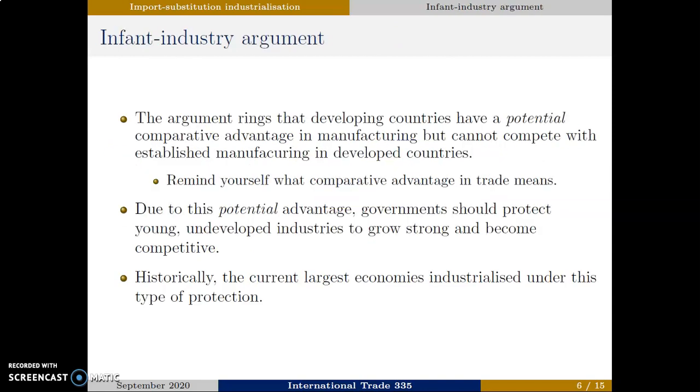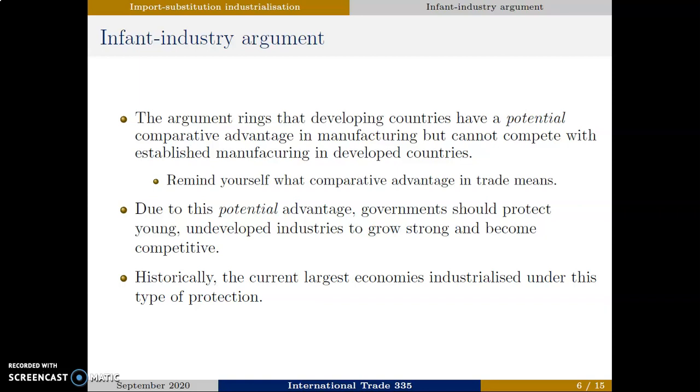The main method of import substitution as discussed above is the infant industry argument. The argument states that developing countries have potential comparative advantages in manufactured goods. However, it argues that developing countries cannot compete internationally with large, already established developed countries' manufacturing. It then states that these industries need to be protected and given a chance to develop and become competitive.